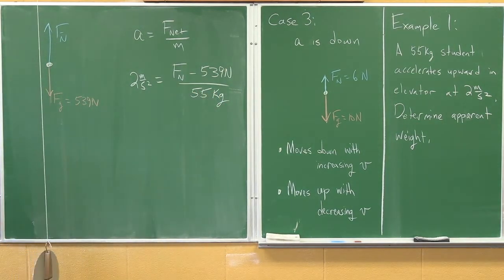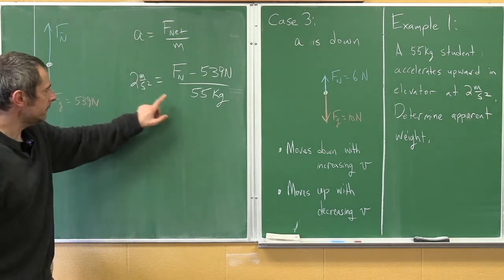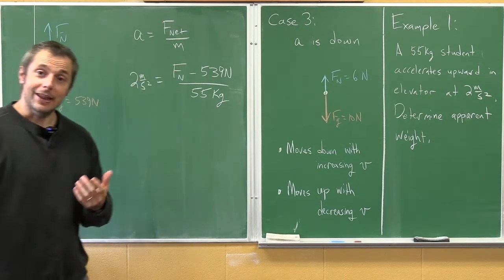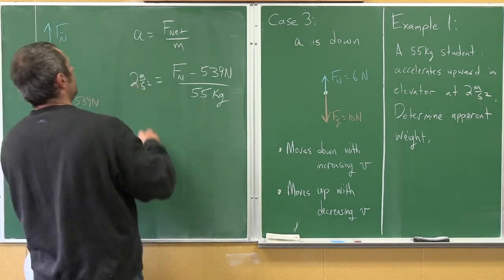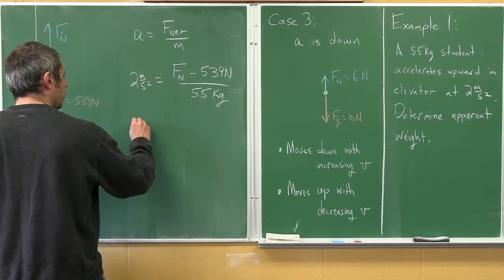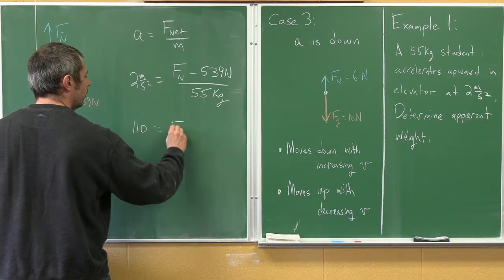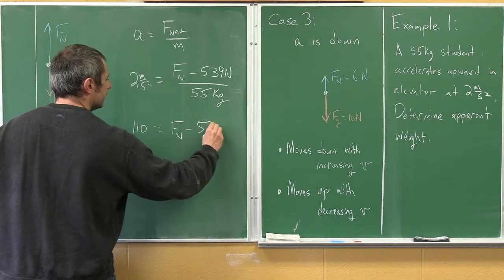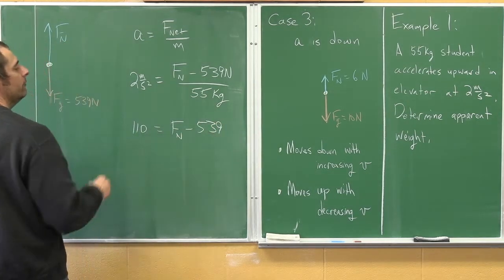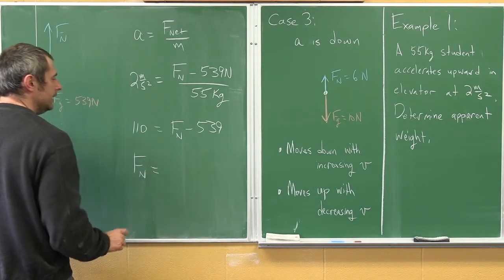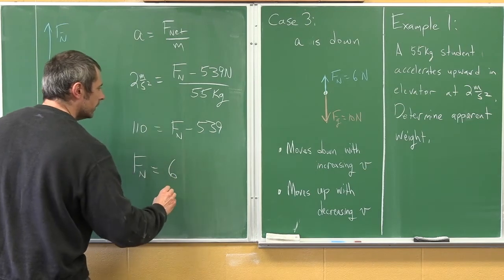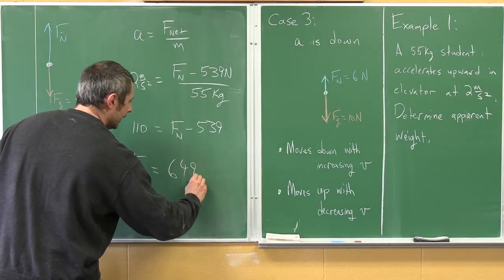So there's F net over m equals acceleration. Now all I have to do is a little algebra. I'll multiply the 55 to the other side, and I get 110 equals F normal minus 539. Add 539 to both sides, and I get my F normal equaling 649 newtons.